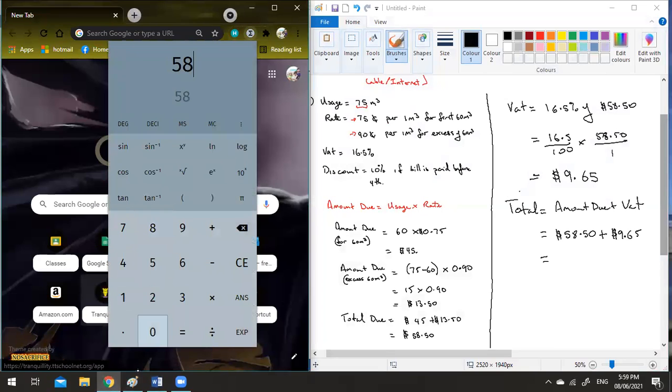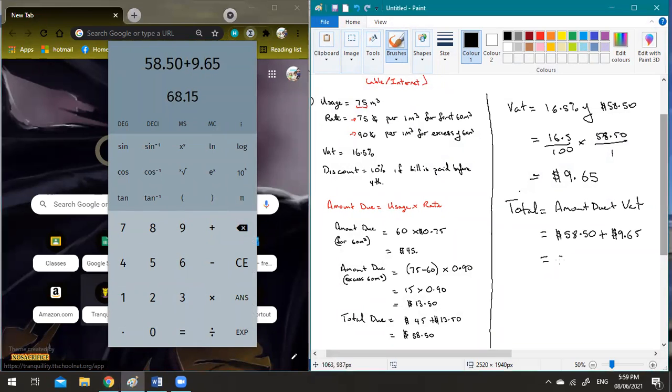So $58.50 added to $9.65, which is $68.15. So normally that would be how much she would have to pay, but remember she got a discount, right?